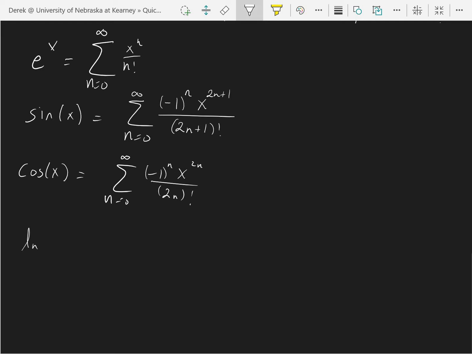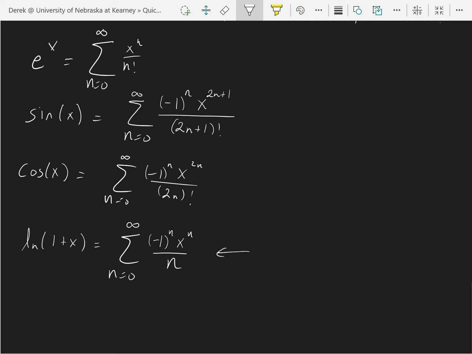And let's go with the natural log of 1 plus x is equal to the sum from n equals 0 to infinity. I think I've got negative 1 to the n, x to the n over n.